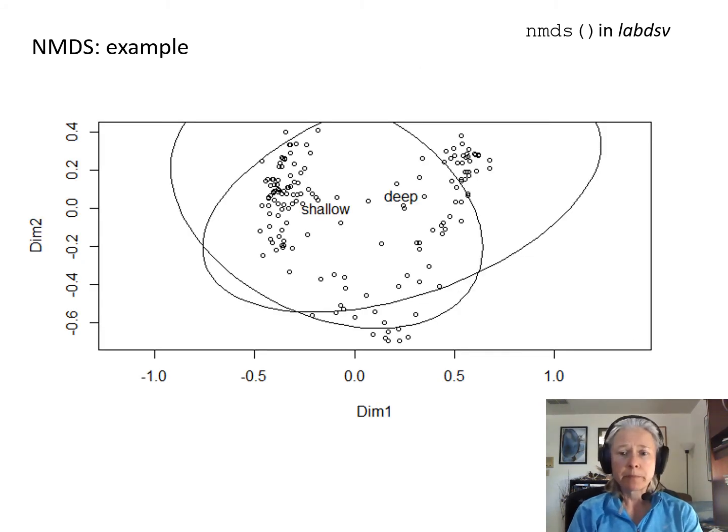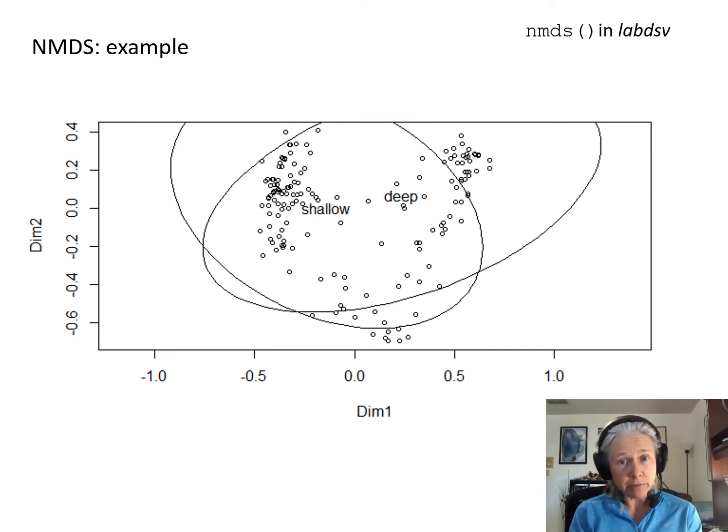For example, to examine the effect of soil depth from the site by environment dataset BryceSite.R, the influence of soil depth on the distribution of plant species by sites, this is what you can get. This is an example that I used in the Introduction to Ordination lesson.